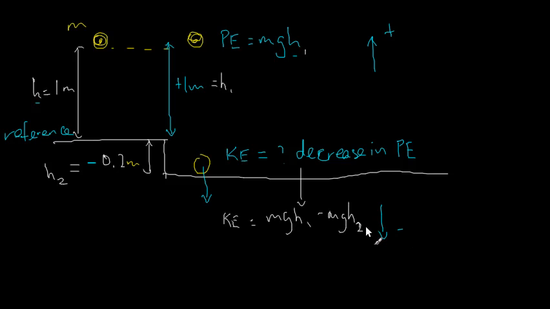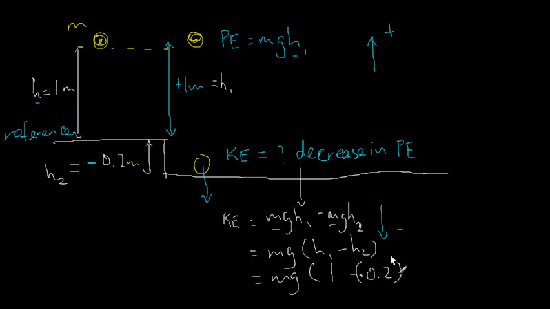Now, whatever the weight mg is, I can factor it out, and then I have h1 minus h2. But h1 minus h2 is the 1 meter there, minus h2, which is minus 0.2. Minus and minus becomes plus, so I end up with mg times 1.2, and this 1.2 is actually the overall height when the ball falls from there to there.